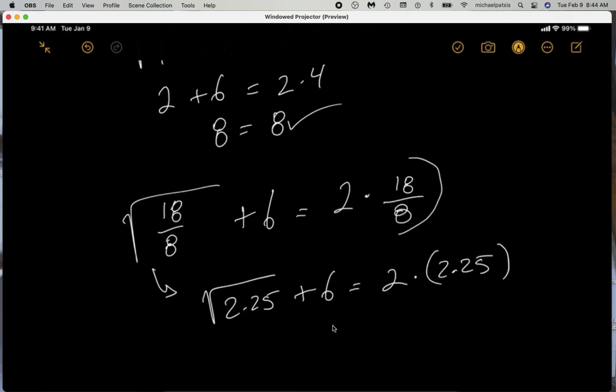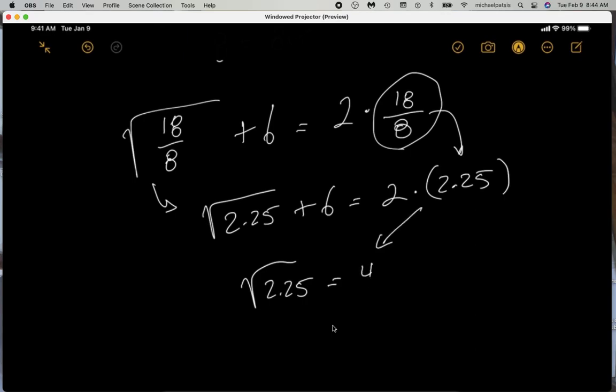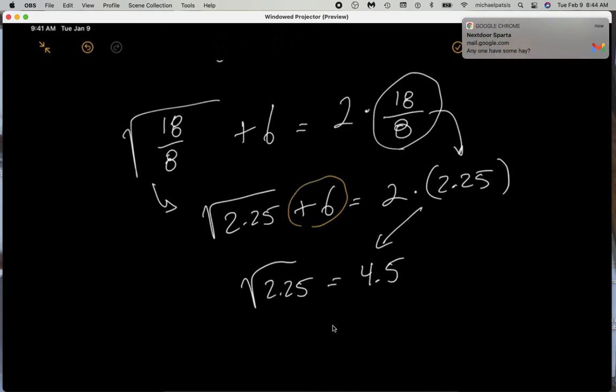In other words, 18 over 8 equals 2.25. You're going to have square root of 2.25 equals, this is 4.5. I'm going to take this and put it on the other side of the equation.